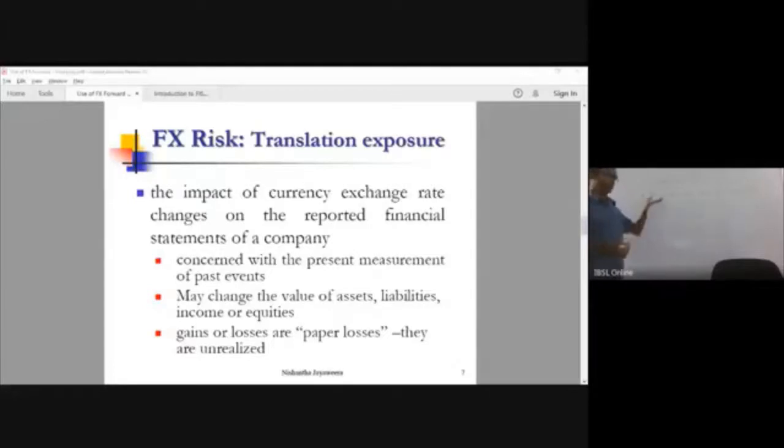Now, as this is a Sri Lankan firm, as at December 31st, 2019, assuming the financial year ends in December, you prepare your financial statements. Where do you show this?